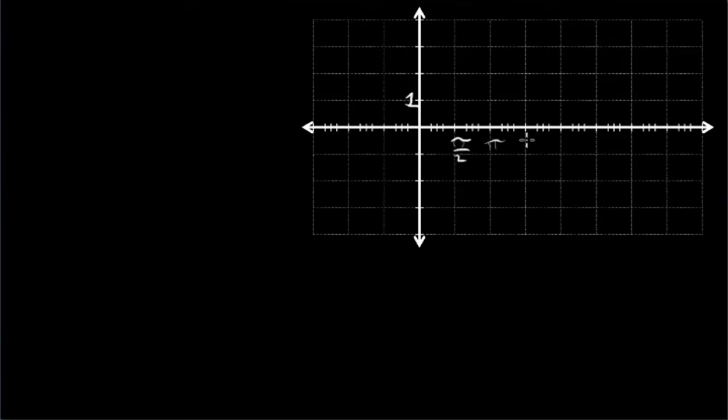This is pi, 3 pi over 2, 2 pi. So it's designed for rotating around the unit circle, laid out flat. The reason it's stretched this way is that to make the graph equal, it turns out that 1 is about right here, and that distance and that distance are about the same.